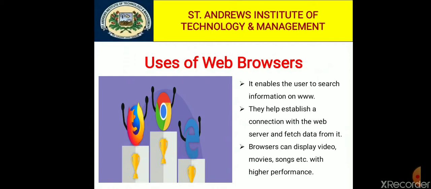Okay, so it helps the user to go through the link to a number of pages, and it can display many types of files. Many types, it means if we want to open any, like Google docs, all types of data will be displayed by the web browser.